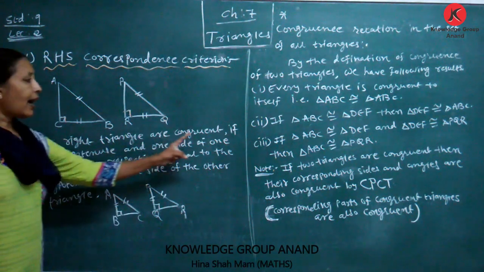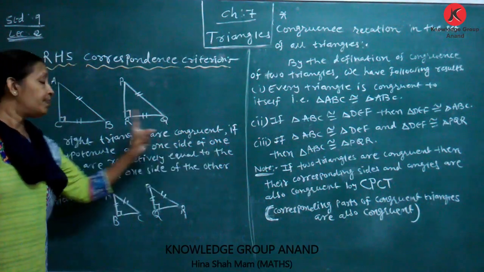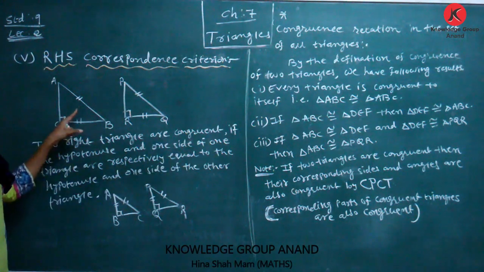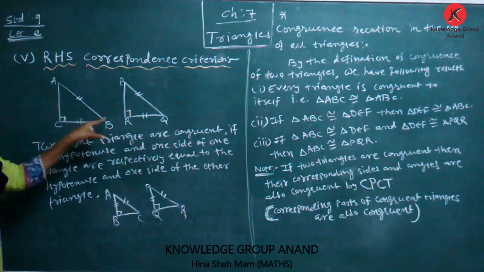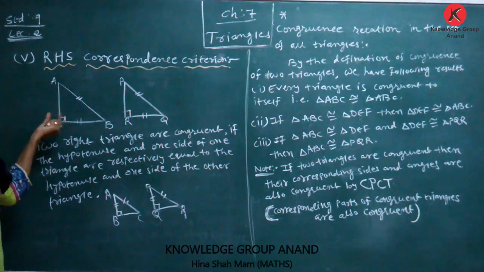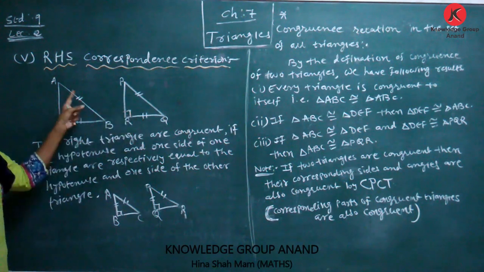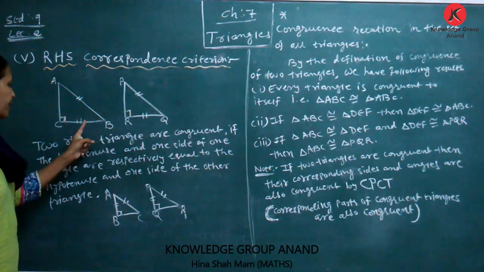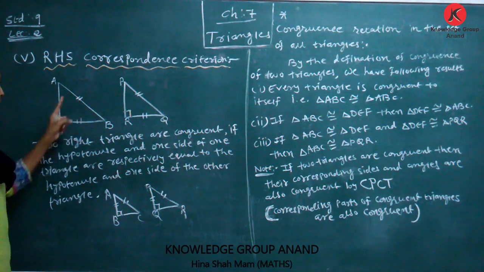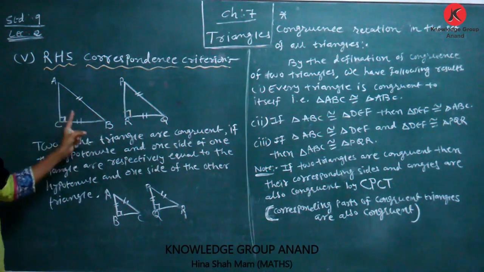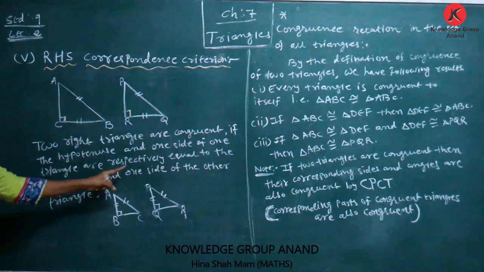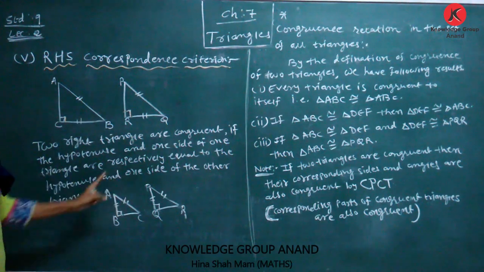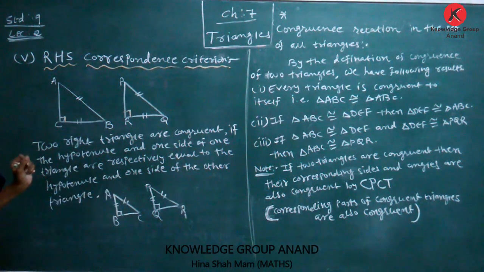Two right triangles are congruent if the hypotenuse and one side of one triangle are respectively equal to the hypotenuse and one side of the other triangle. Right triangle means one angle is a right angle.